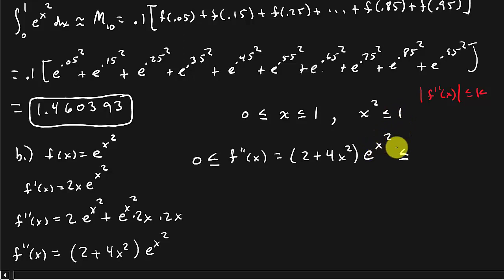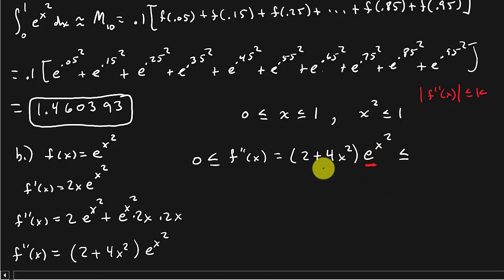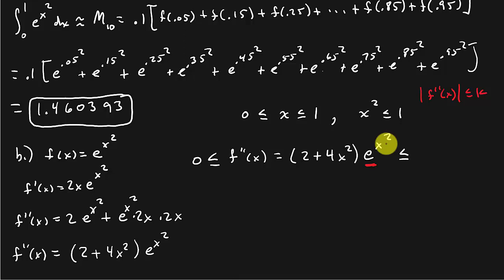So this value here is never going to be larger than e. Now keep in mind, I'm just looking at this part. I'm not looking at that part over here just yet. But understand that this term here, this e to the x squared, is never going to be larger than e.